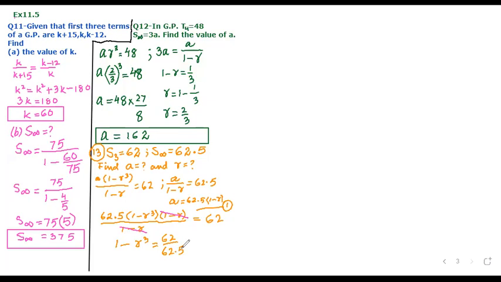Which will become equal to 124 upon 125, that is 620 upon 625. So 1 minus r cube is equal to 620 upon 625.